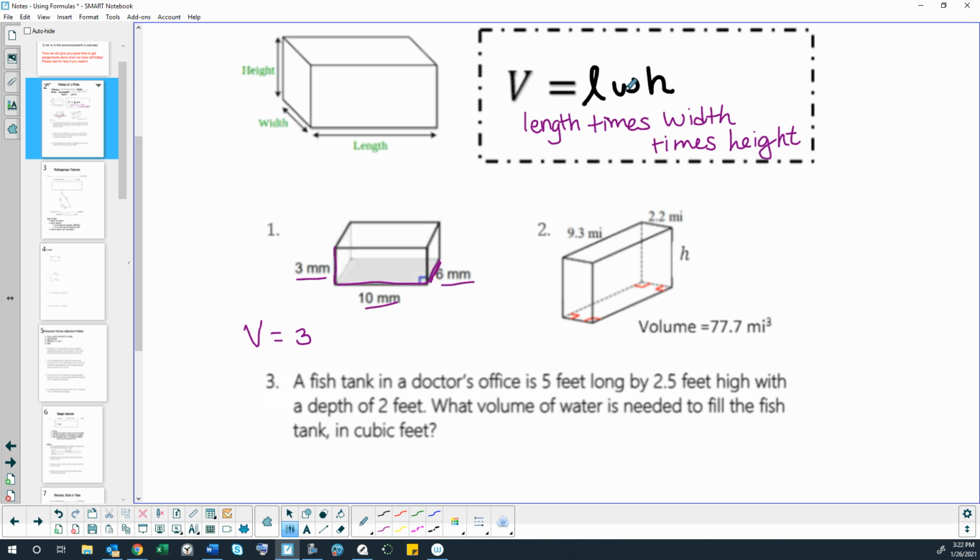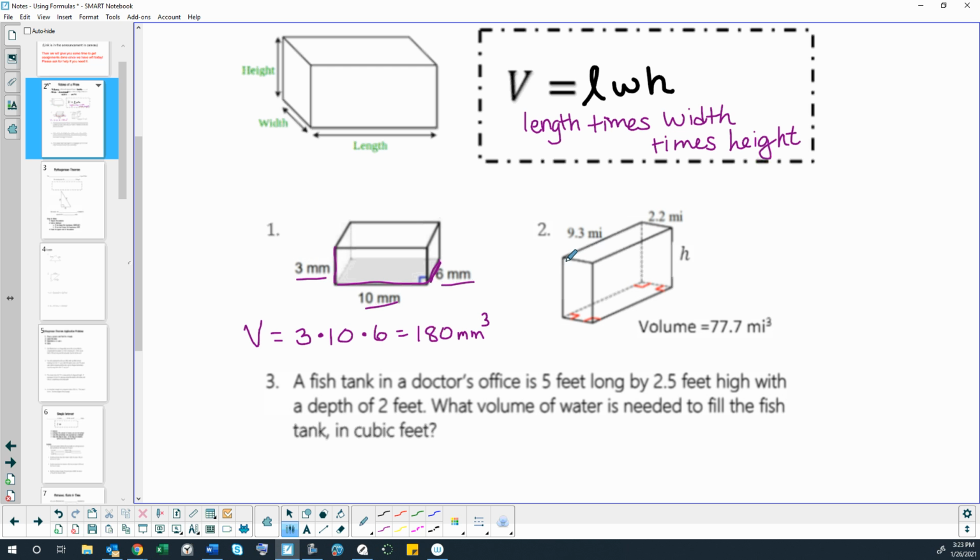It doesn't have to be length first and then width and then height, because you could turn the box and then you could redefine which side is which, right? If you turn the box, then maybe the 6 could become the height. So it just doesn't matter. You multiply your three numbers together. 3 times 10 times 6. So we have 3 times 10, which is 30, times 6, which is 180. Now since this is cubic units, we're going to go millimeters cubed.